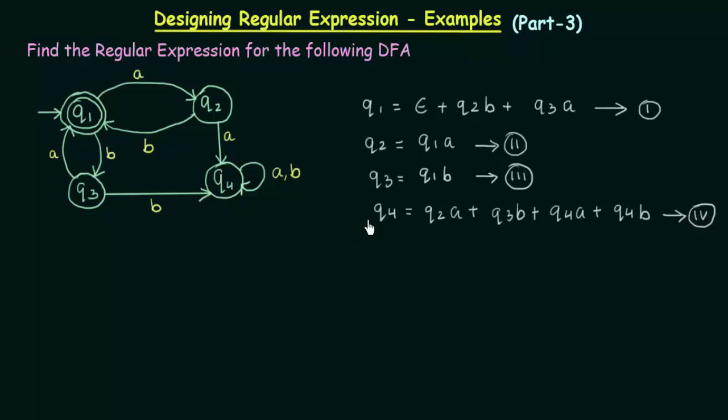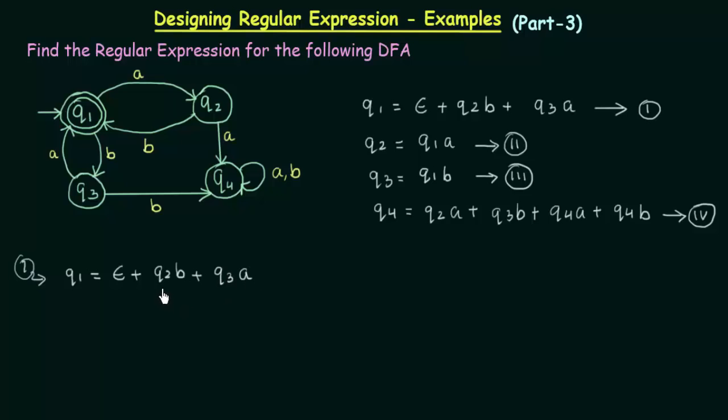Okay, so now we have written the equations for all the states. Now let us take the final state and try to simplify it. The final state is Q1, so I take equation number 1: Q1 equals epsilon plus Q2B plus Q3A.